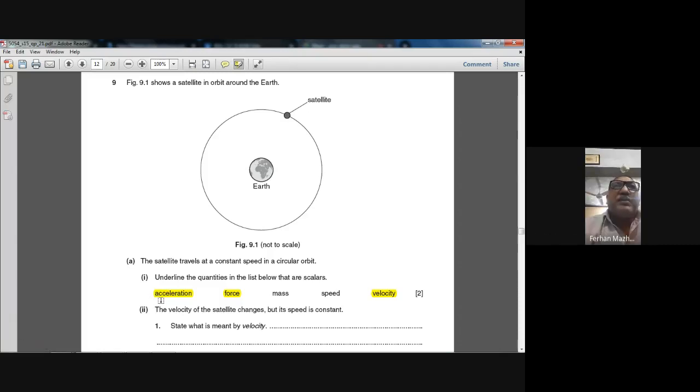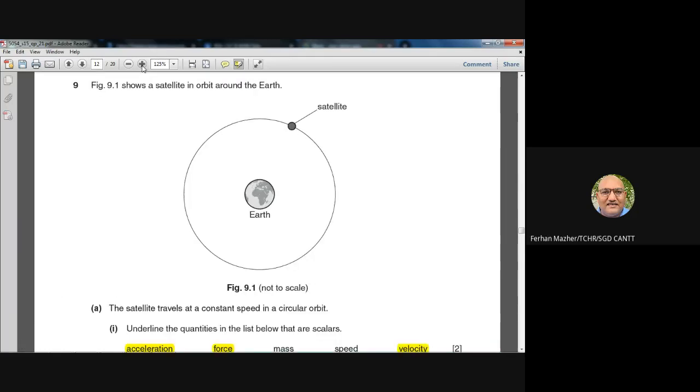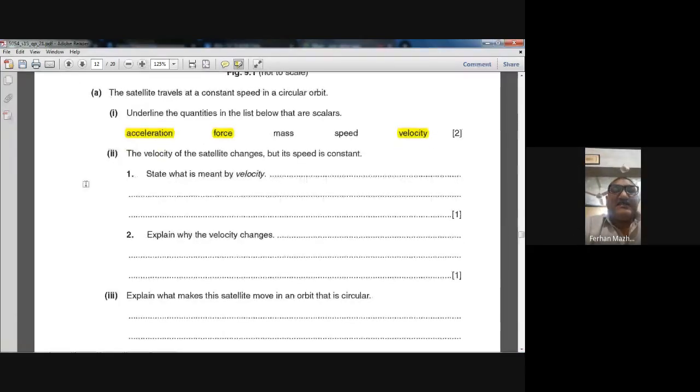Acceleration, force, and velocity, they all are vectors. They have directions. You understand? We have to underline scalars. Yes, sir. So mass and speed will be the scalar quantity. This was a 2-mark question. Look how easy this is.